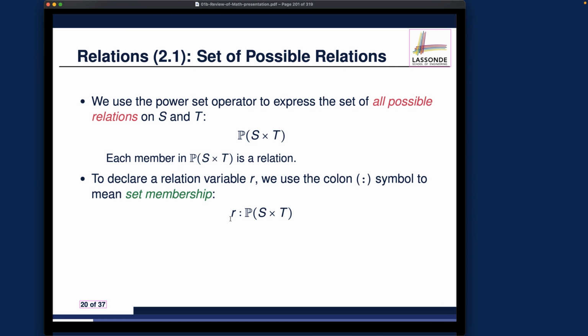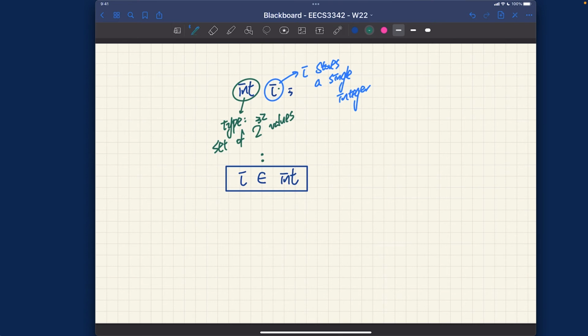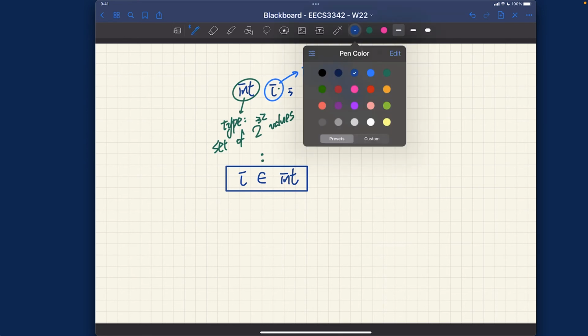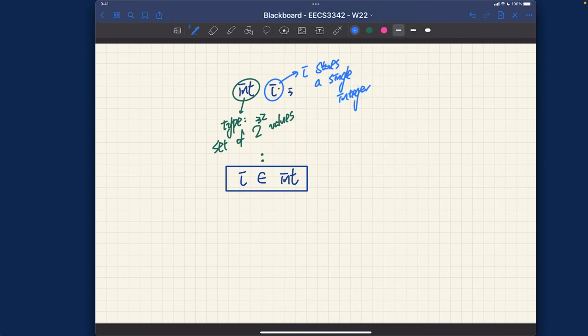Okay. So what does it really mean when we say R is a member of the power set? Right? We're trying to declare. Okay. So let's now try to look at this one aside. Let's say R is a relation. We're saying that it is of type the power set of S cross product T. Okay.